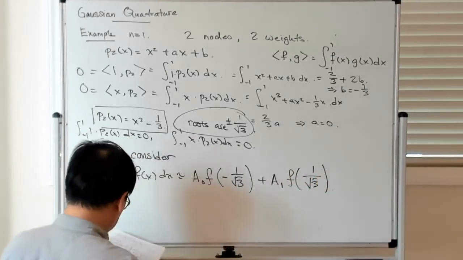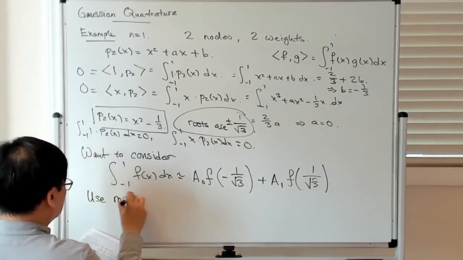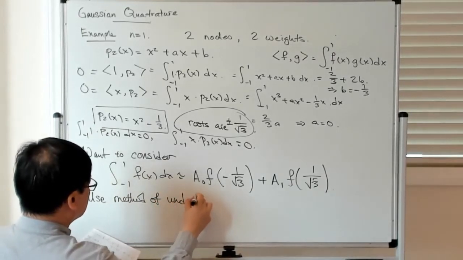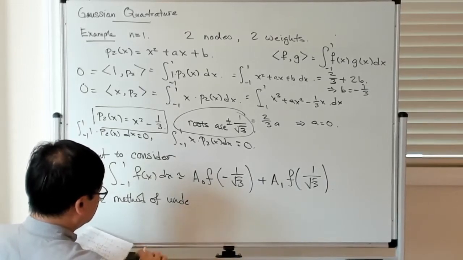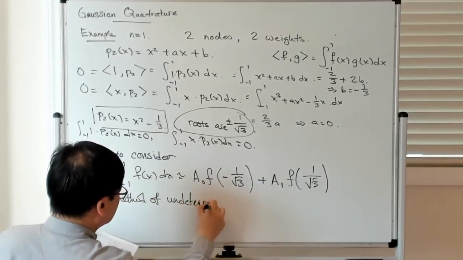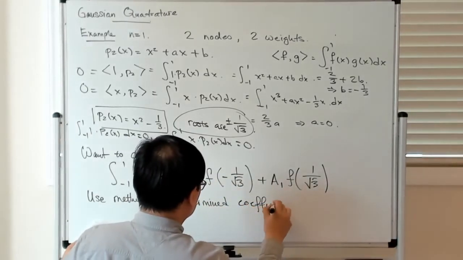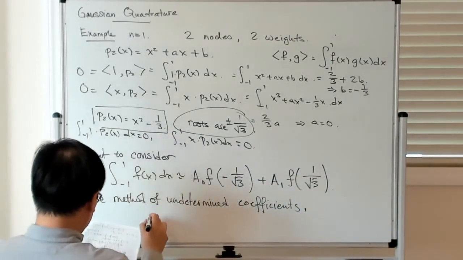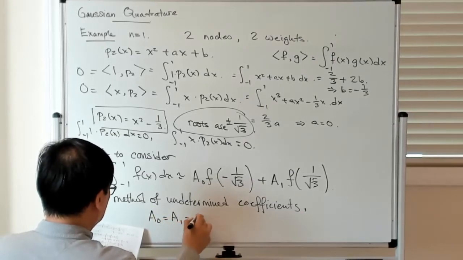Then you can use the method of undetermined coefficients, and you get that a0 is equal to a1 is equal to 1.